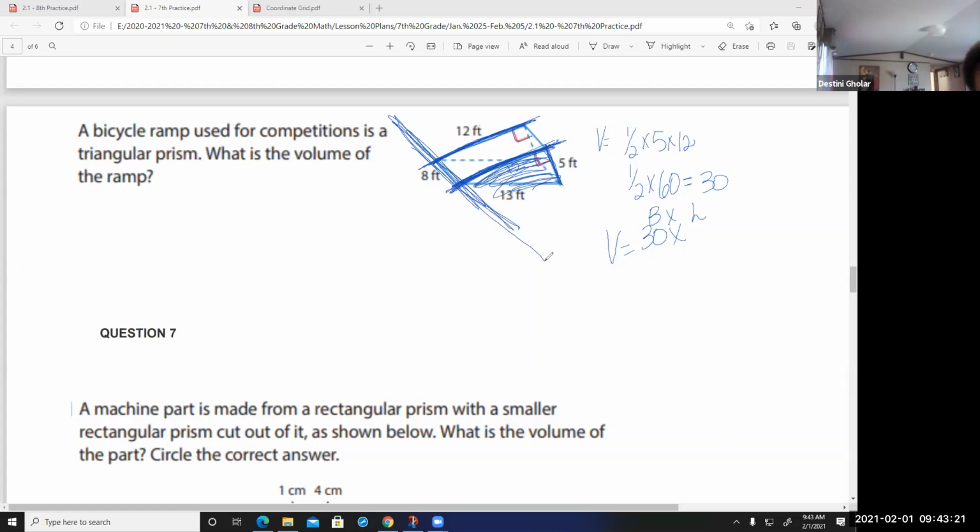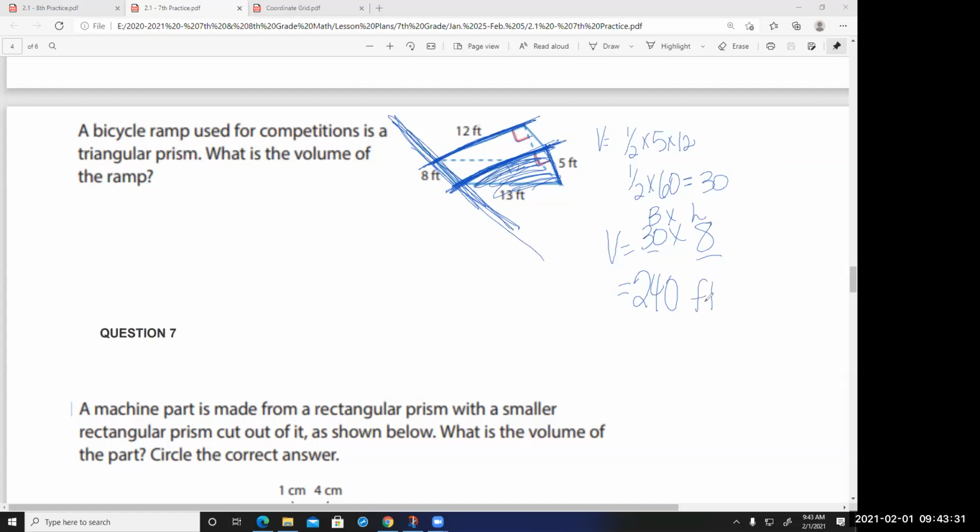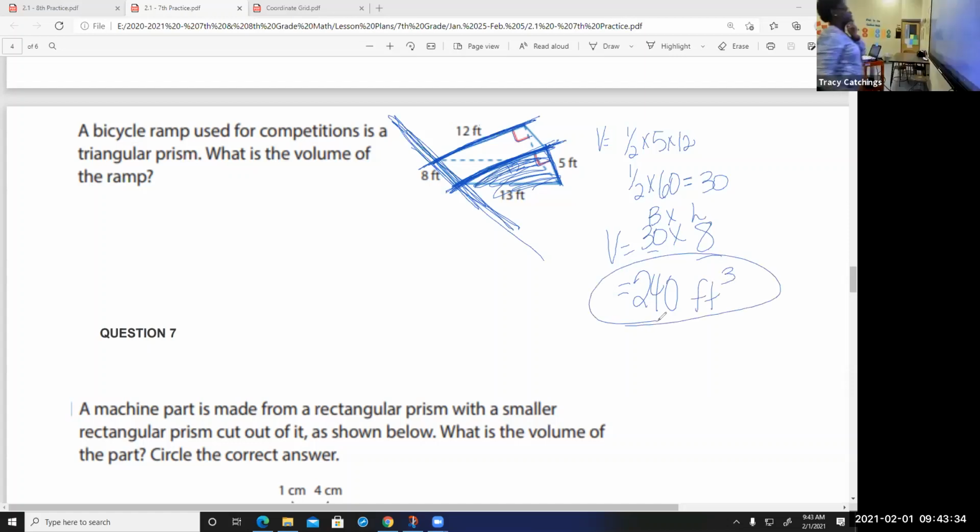Okay. So then 30 times 8. 240. 240 cubic feet. Any questions about it? No, ma'am. All right. Anyone still need anything?